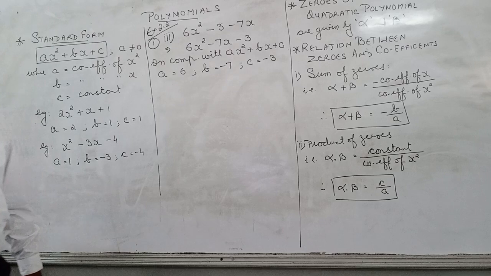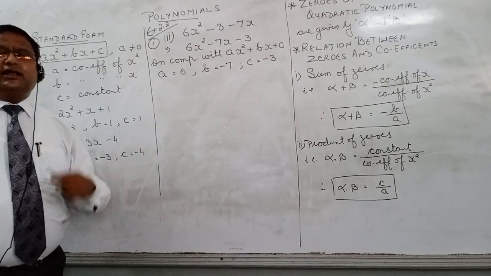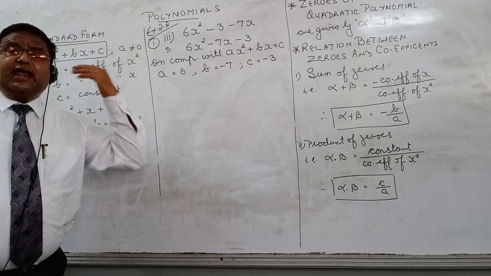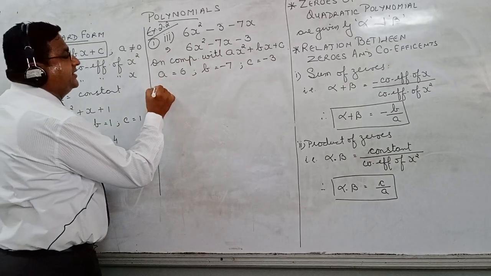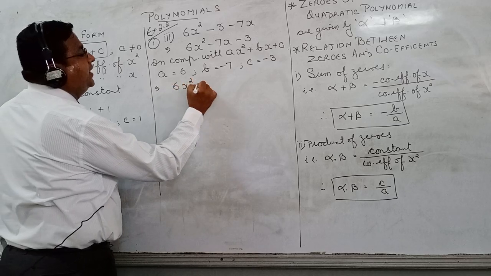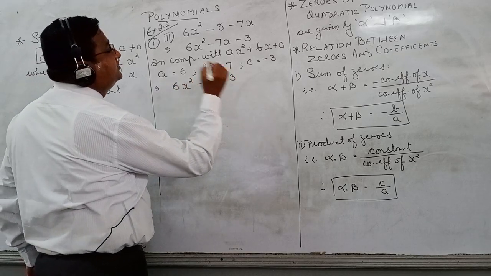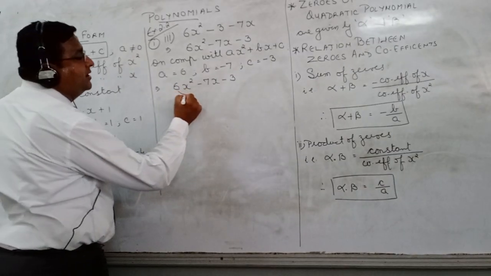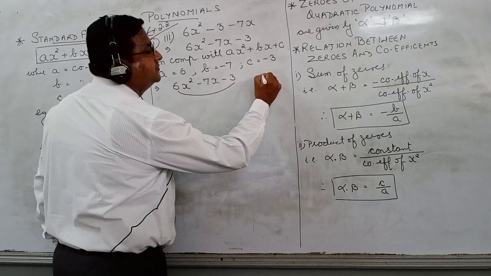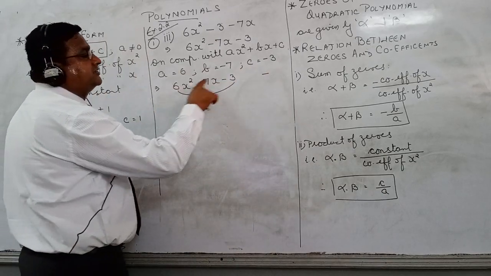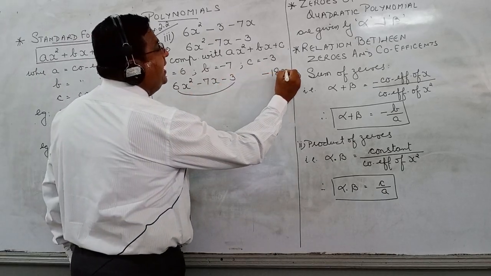We apply splitting the middle term. We have done it in 8th class, 9th class, and we have to do it in 10th class again and again. So 6x square minus 7x minus 3, let us factorize it, for those who have forgotten. We need the product of the two extreme terms: plus into minus, minus 6x square into 3, 18x square.